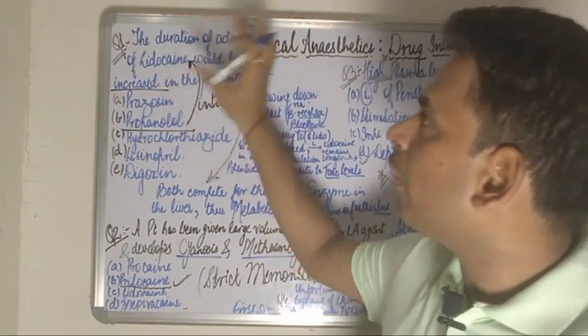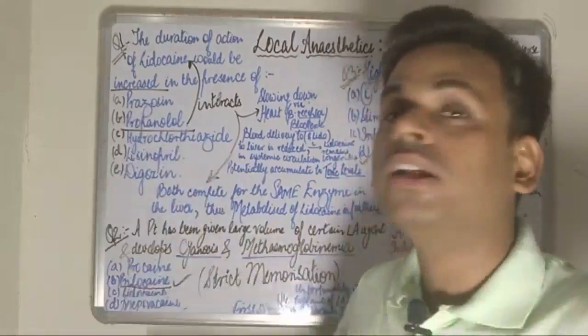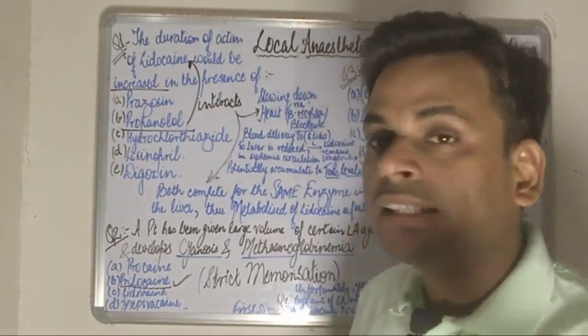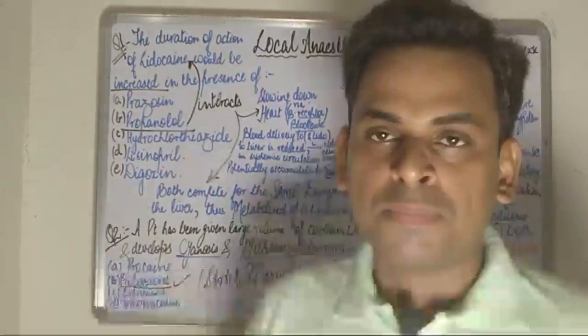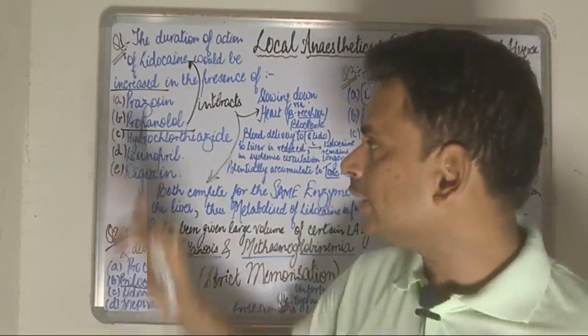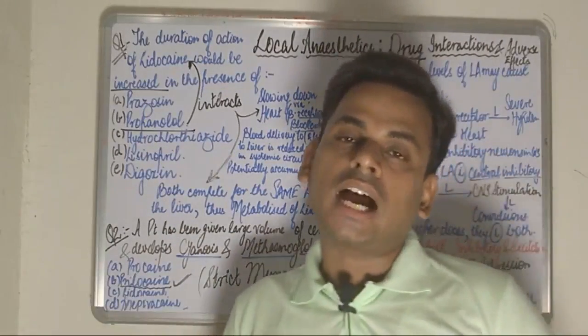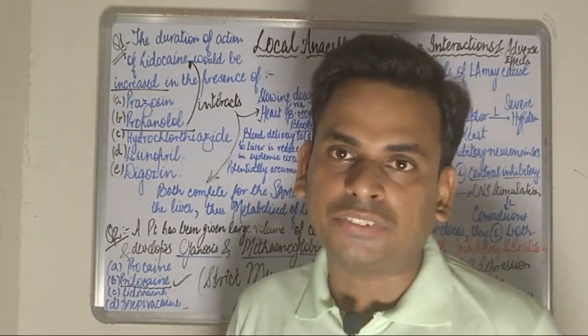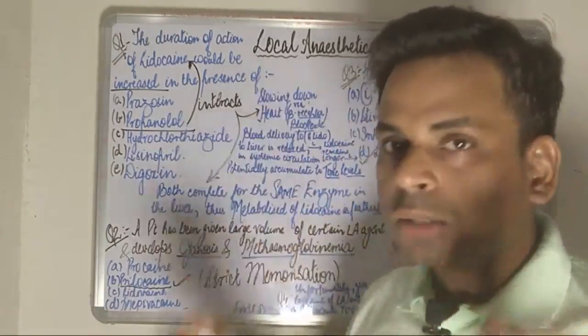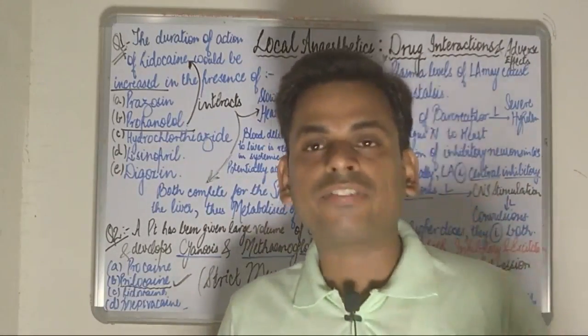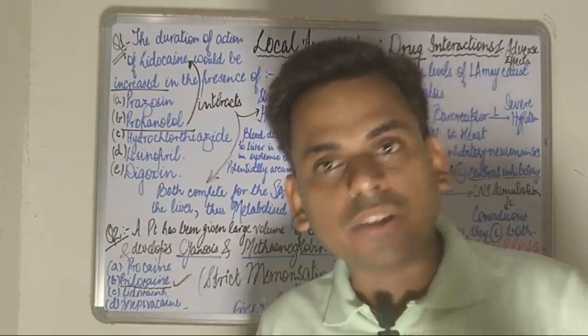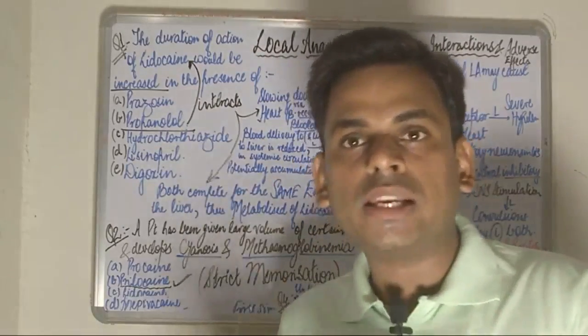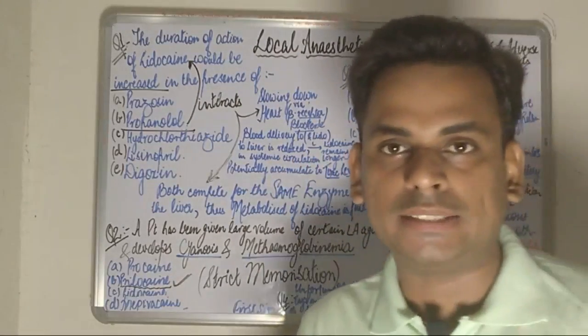The duration of action of lidocaine would be increased in the presence of which of the following? As you can see, these options are antihypertensive drugs. With the help of this question, I am going to clarify your concept about the drug interaction of the local anesthetics with the antihypertensive agents.